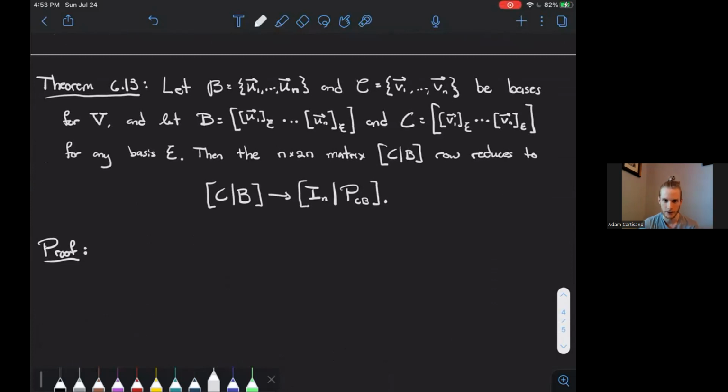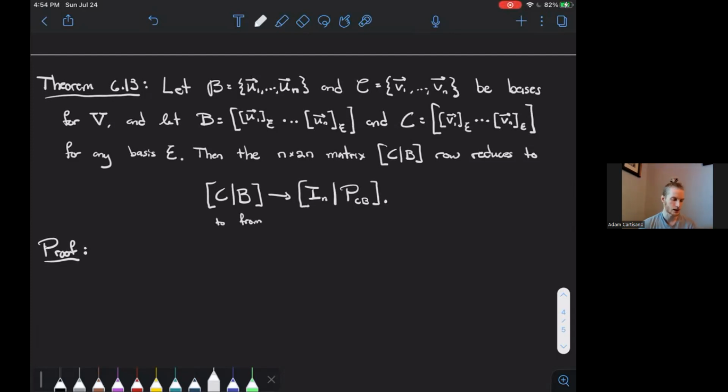Then let fancy B and fancy C be the matrices of coordinate vectors of u1 up to un, and v1 up to vn, with respect to any basis E. Then if you augment C with B, and row reduce C to the identity, the matrix that shows up on the other side of the augment bar is exactly P_CB. It's the change of basis matrix from B to C. We just put from and to help us remember this.